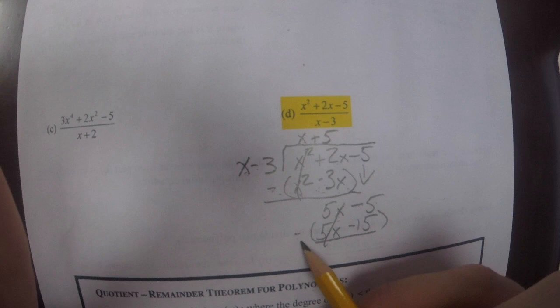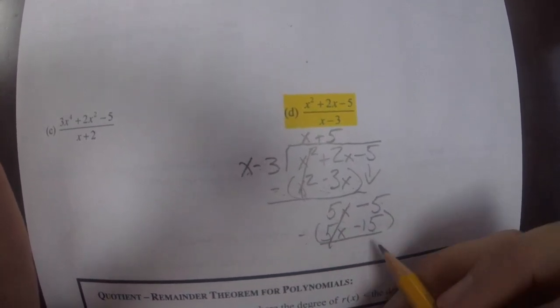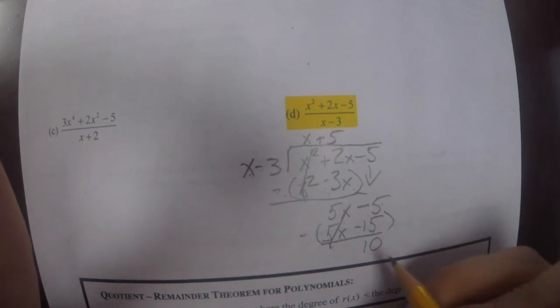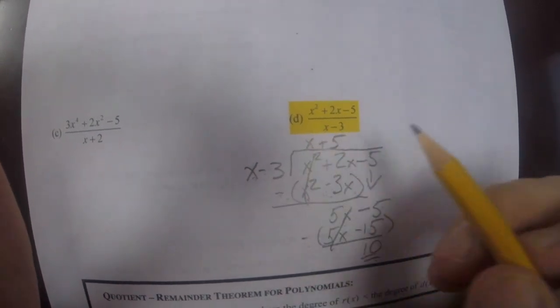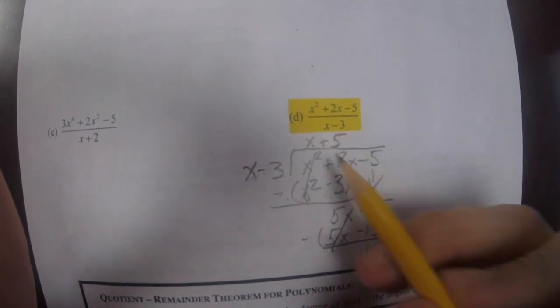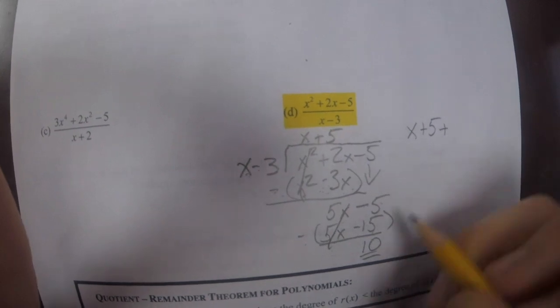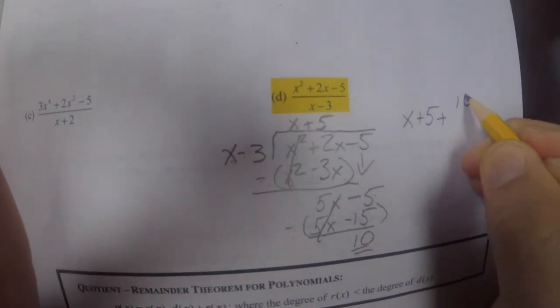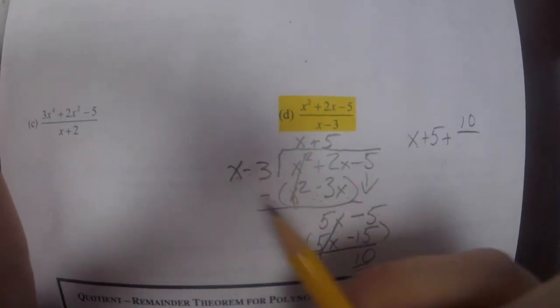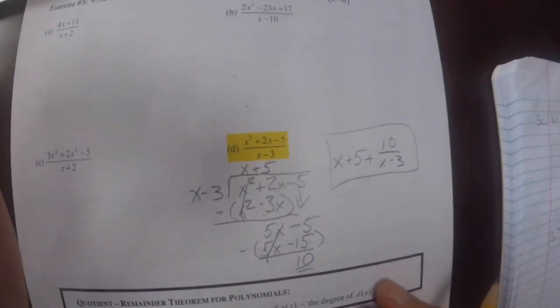Negative 5 minus negative 15, so that's really negative 5 plus 15, which is 10. So this is our remainder, this is our quotient, okay? So our answer is just x plus 5 plus the remainder, 10, over the divisor, x minus 3. And that would be our answer for that one.